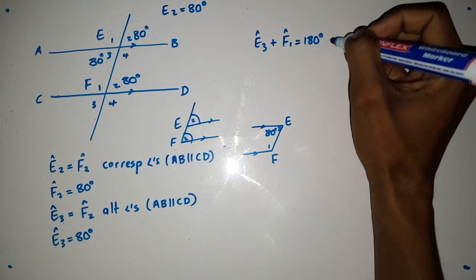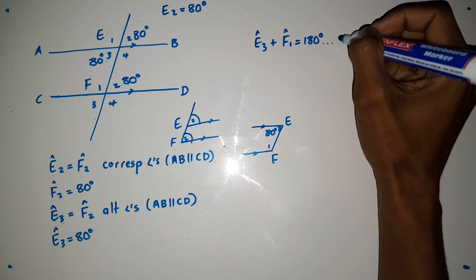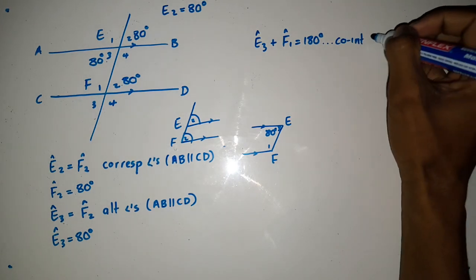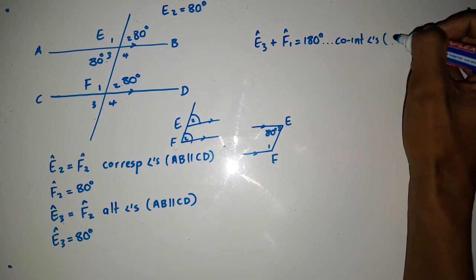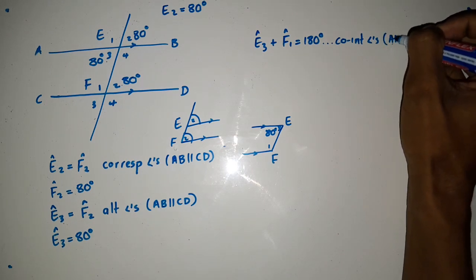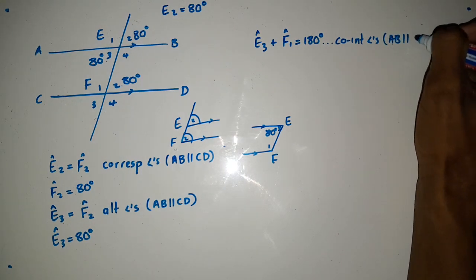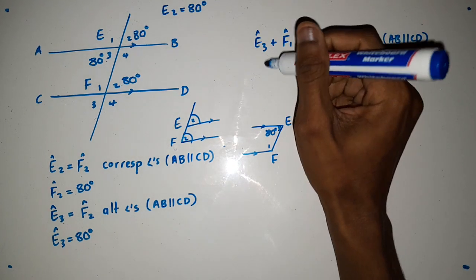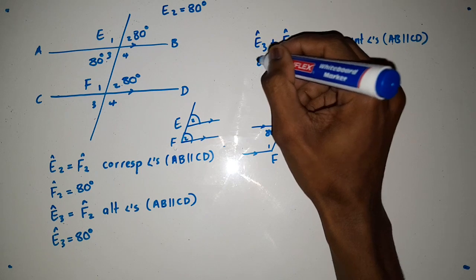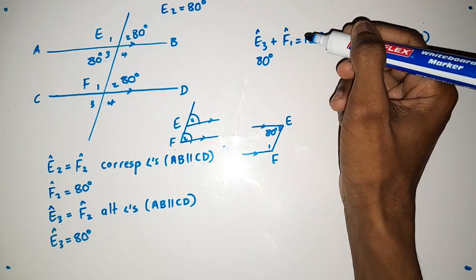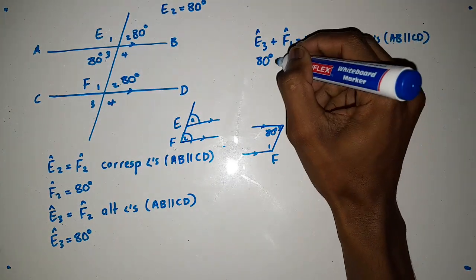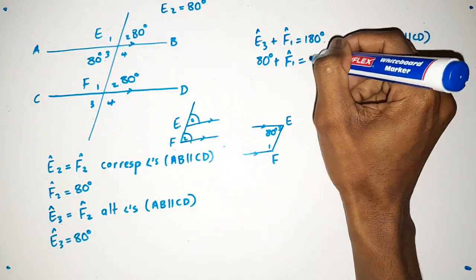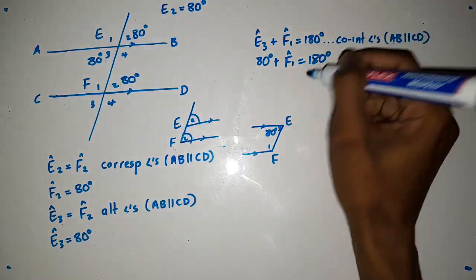Then we know that co-interior angles, because AB is parallel to CD. Then immediately after doing this, you can substitute 80 degrees over there plus angle F1, which is equal to 180.